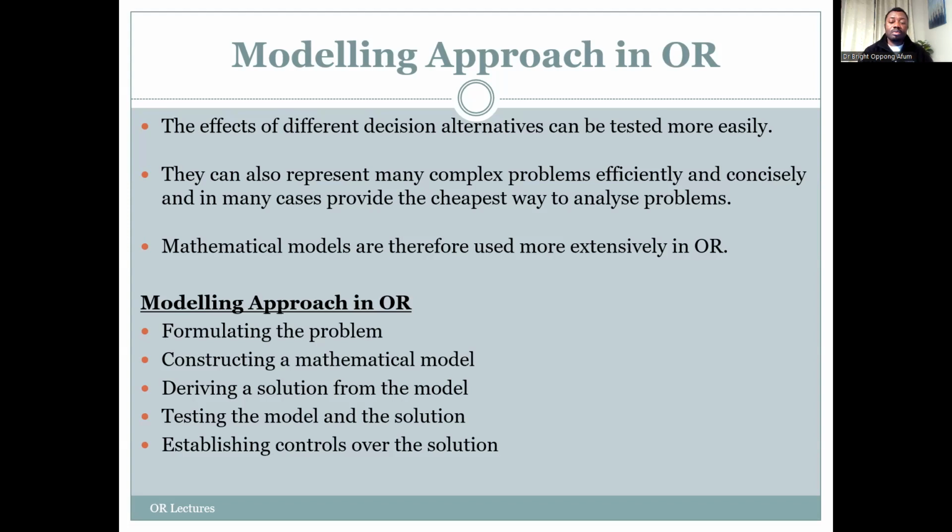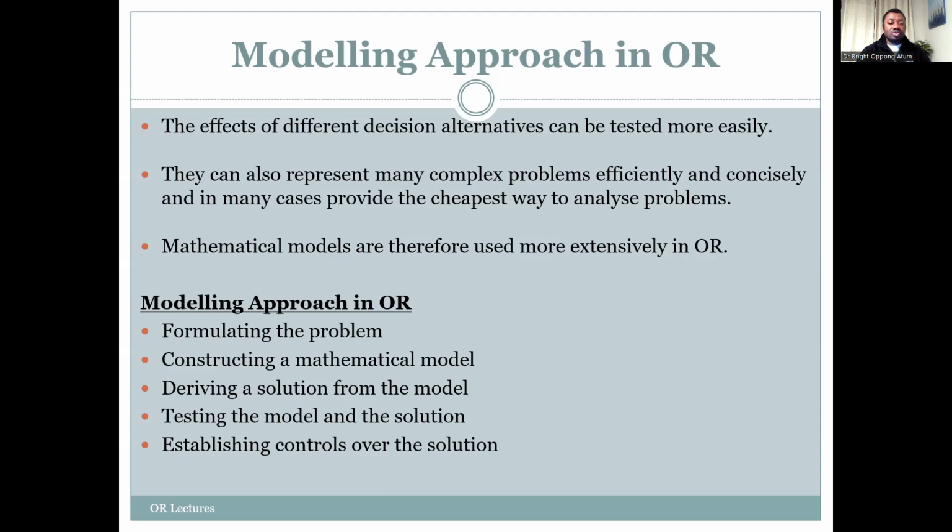That's the positive aspect. The variables that are affecting the decision variables, or the main objective of the study, can easily be changed or modified so that we see their effects on the decision that must be undertaken.